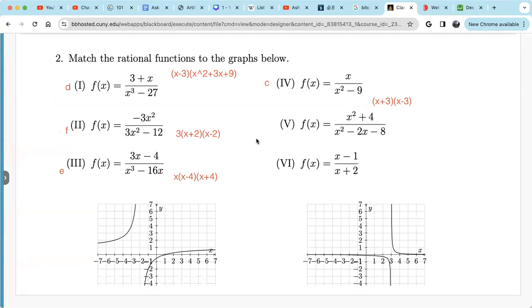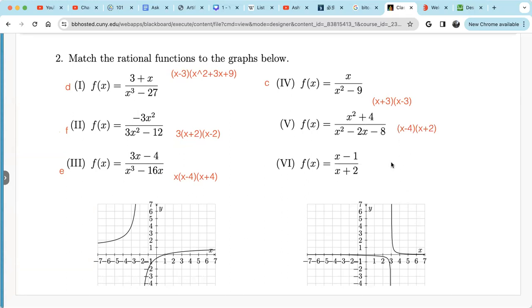Then let's look at 5. The denominator can be factored as x minus 4, x plus 2, right? So we have vertical asymptotes and it cannot be simplified with the numerator.